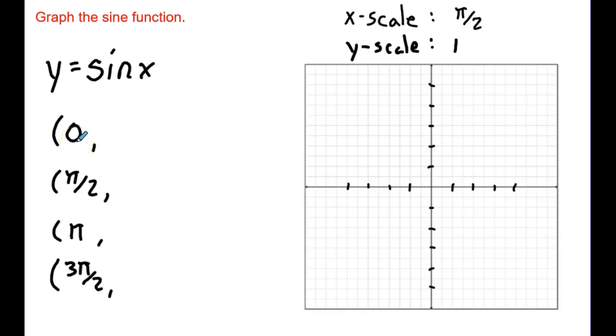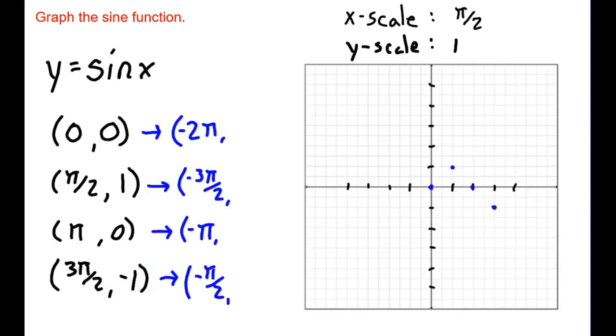So when theta is 0, the y value is 0. So we know that must be a point on the graph. At pi over 2, the corresponding y value in that ordered pair is going to be 1. At pi, the corresponding y value is going to be 0. And then at 3 pi over 2, the corresponding y value is negative 1.